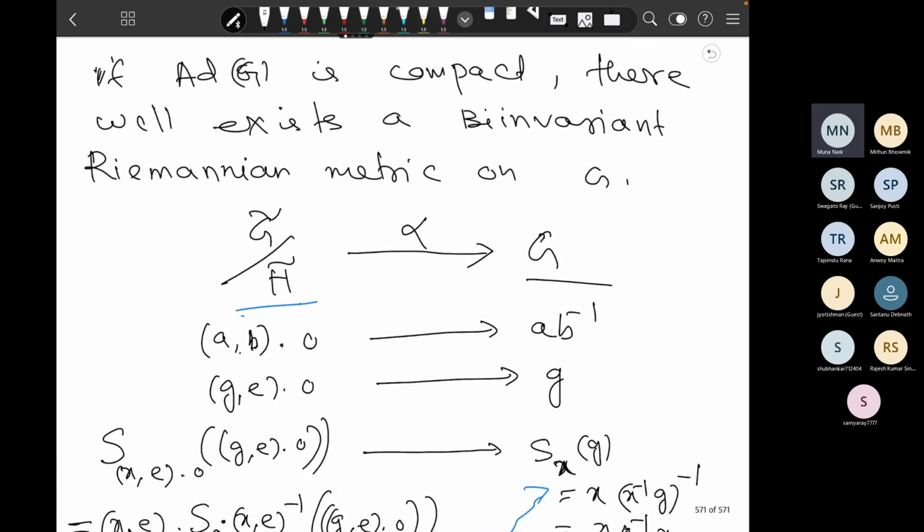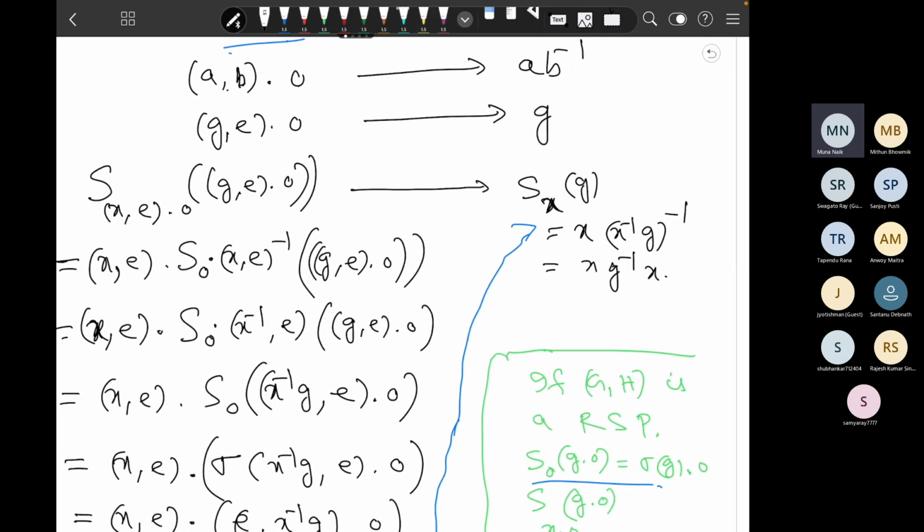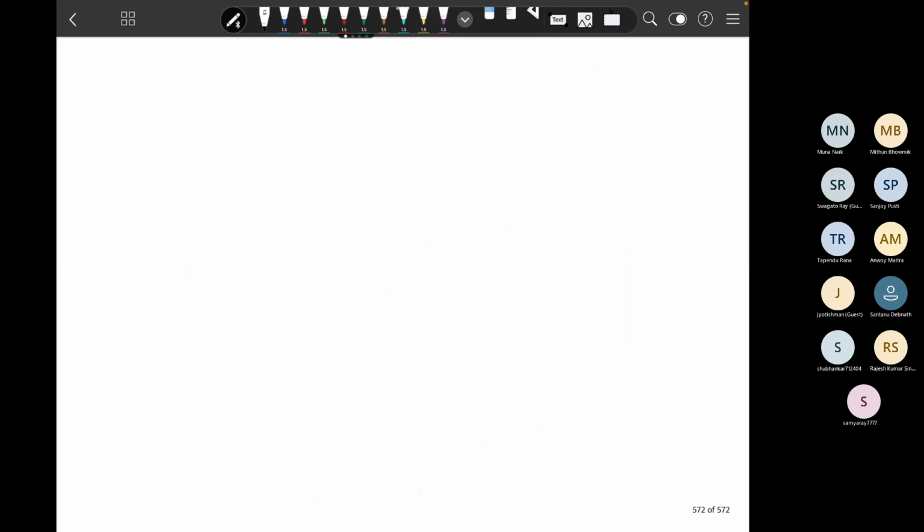Actually, I am discussing this example because this example is a very important example. Later on, we will use everything. So now I want to define this. This is a Cartan decomposition.